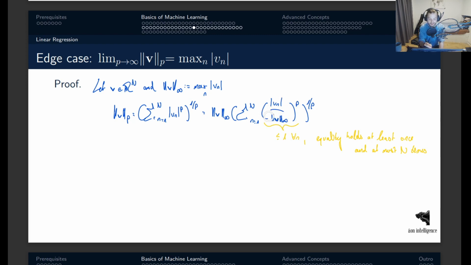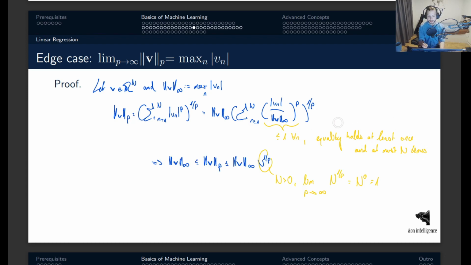And we have that this is equal to 1 if we divide the infinity norm of V by the infinity norm of V. And this happens at least once because there is a maximum element in the vector. And it can happen at most n times. If all the components of V are equal, then all of them are the maximum element.